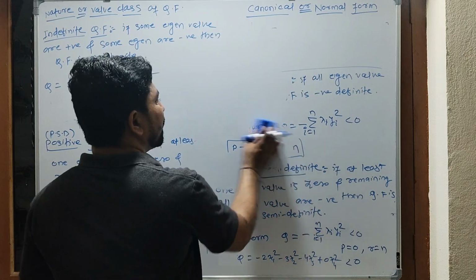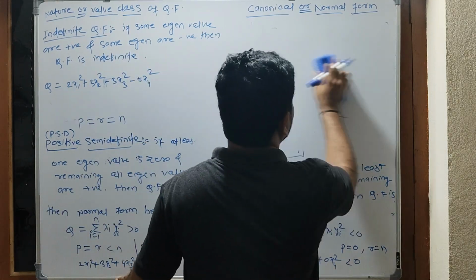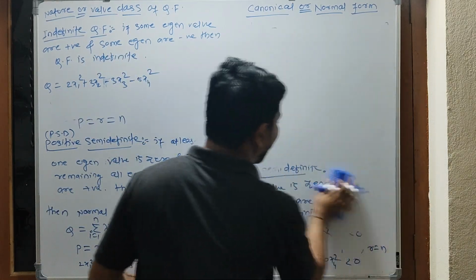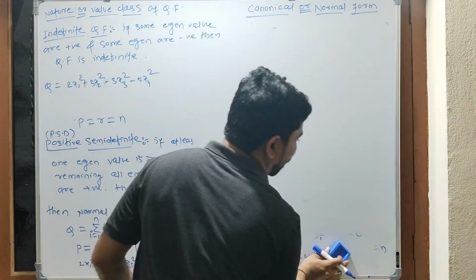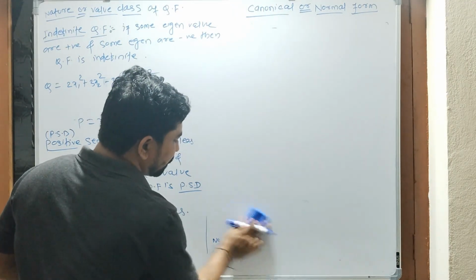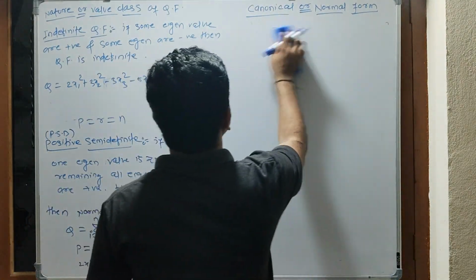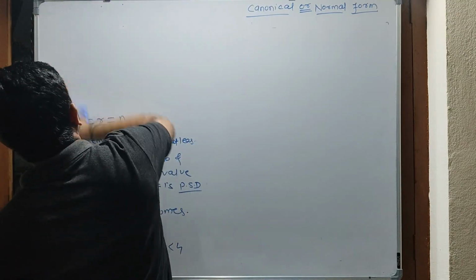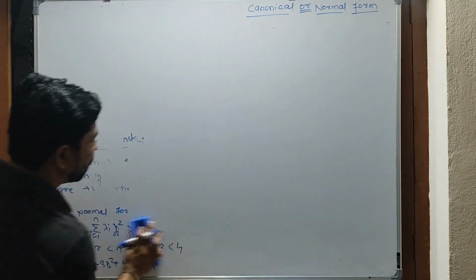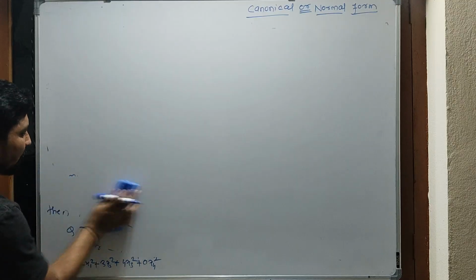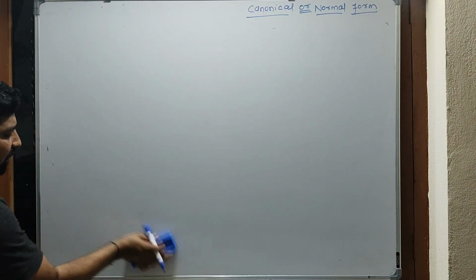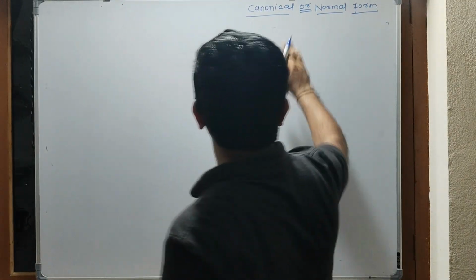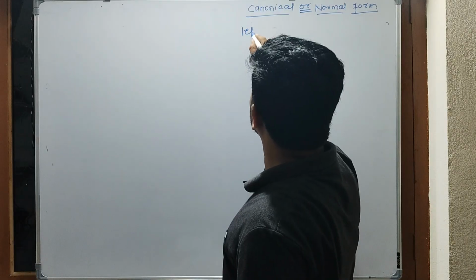One way of defining the nature of the quadratic form is based on the leading principal minors. So how to define the nature of the quadratic form by using the leading principal minors? Here we have defined it by using the eigenvalues.